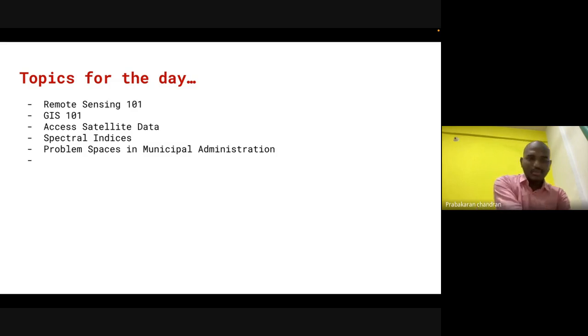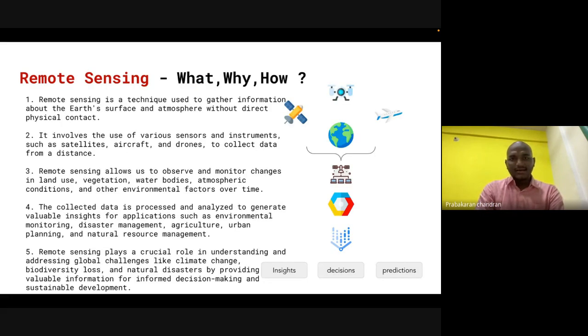So without delaying, remote sensing is nothing but a technique used to gather information about the earth's surface. Whoever works in usual data science or artificial intelligence problem statements, we tend to work on data which is already collected through systems, right?